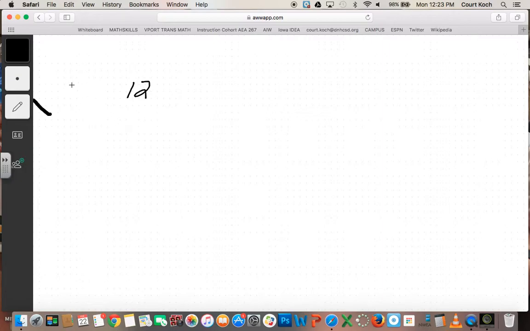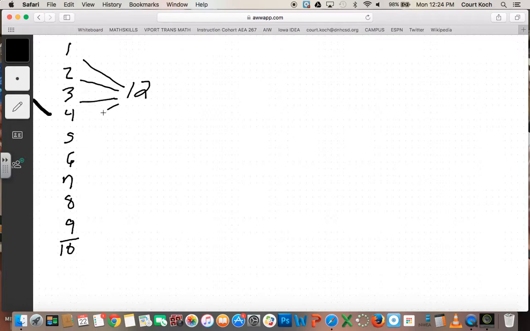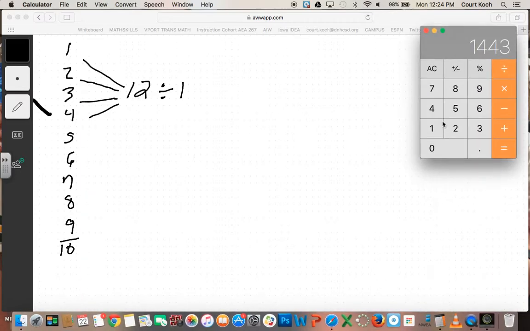To do this, I need to test divisibility for 1, 2, 3, 4, 5, 6, 7, 8, 9, and 10. What I'm simply going to do is divide 12 by each one of these numbers. So 12 divided by 1, if I use my calculator, is going to give me 12.